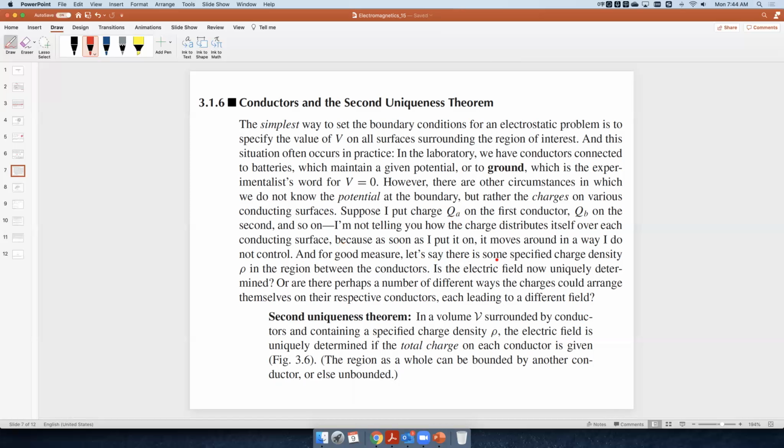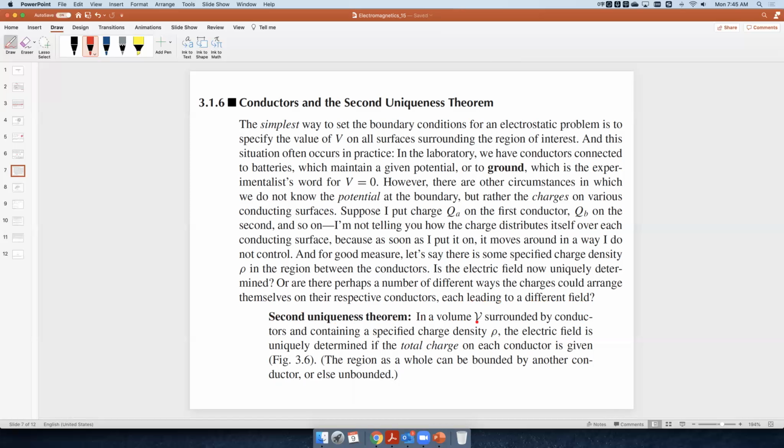And let's say there's some specified charge density rho in the region between the conductors. Is the electric field now uniquely determined? Or are there perhaps a number of different ways the charges could arrange themselves on their respective conductors, leading to a different field? So this is the second uniqueness theorem.